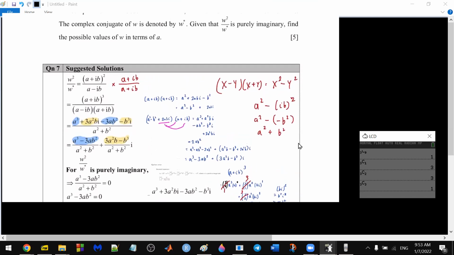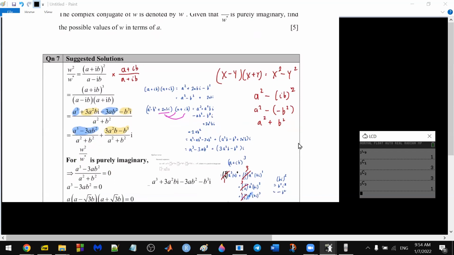The left one. Correct. Sorry, I got confused myself. Purely imaginary means that there is no real part. So the real one is equal to 0. So that means we get this fraction equal to 0. Is that okay? Yeah. Sorry, I got confused.